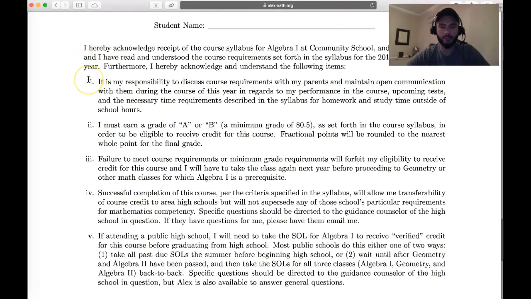I've organized it into 5 bullet points here, little Roman numerals 1 through 5. You need to agree to those 5 stipulations, those 5 conditions. I want you to take this home and explain it to your parents and have your parents read it.